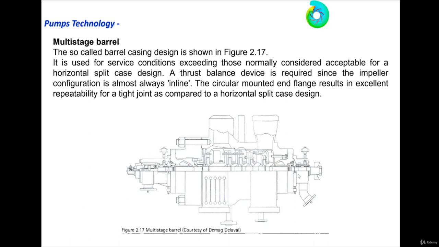When we are going to dismantle this pump, you have to open this casing perpendicular to the shaft, what's called radial split. You have to remove this cover and pull the inner bundle. So this is the circular mounted end flange, this one.